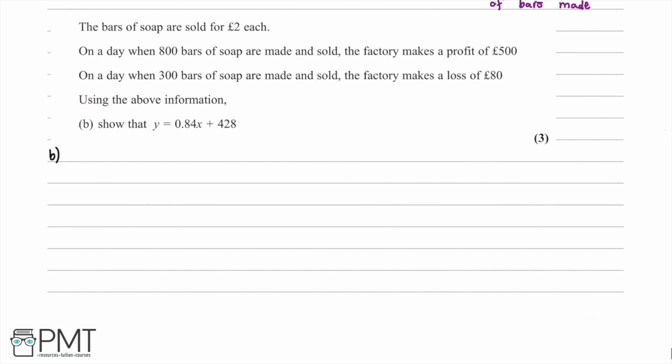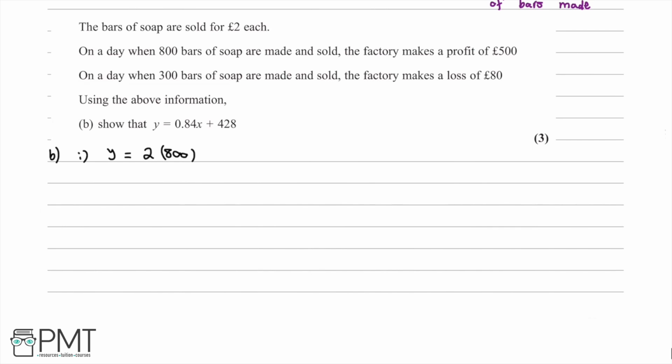So this means we have two pieces of information which we can use to help us get to this point here. So let me just put a number i down here, and we're going to have that y, so the total cost, is going to be the amount of bars we make multiplied by the cost of each one. So that's going to be 2 multiplied by 800.